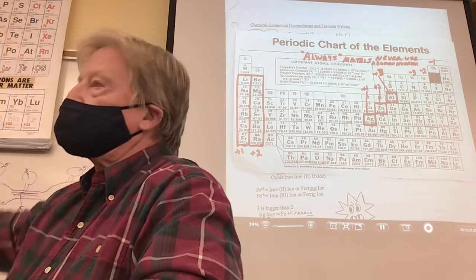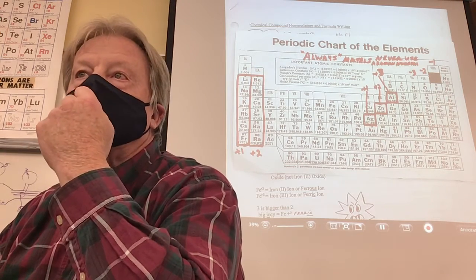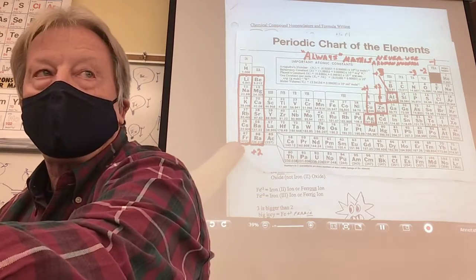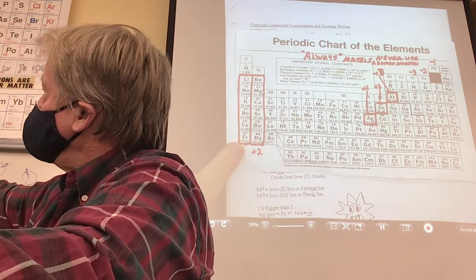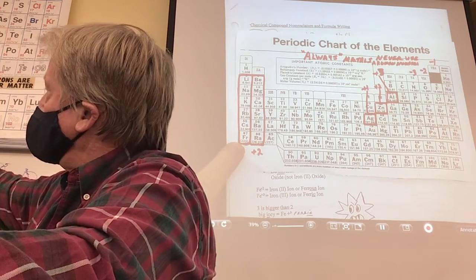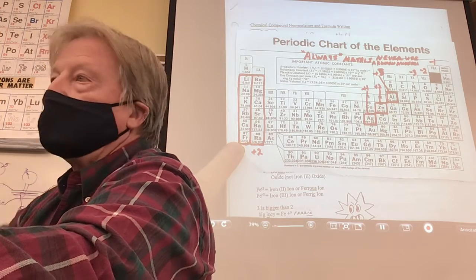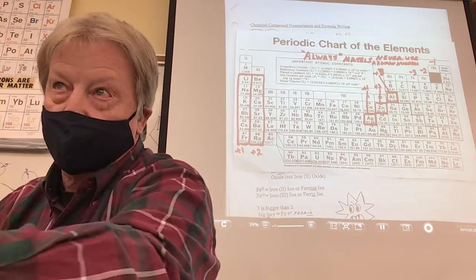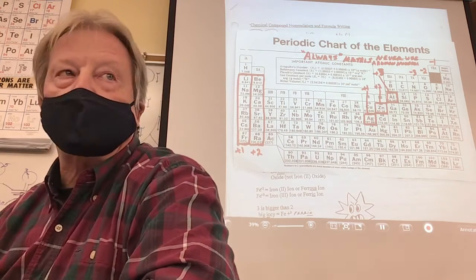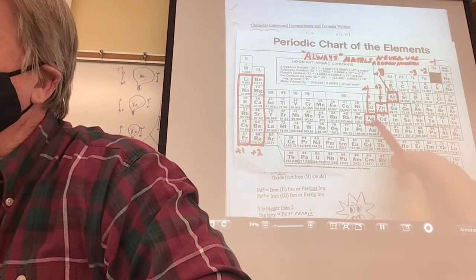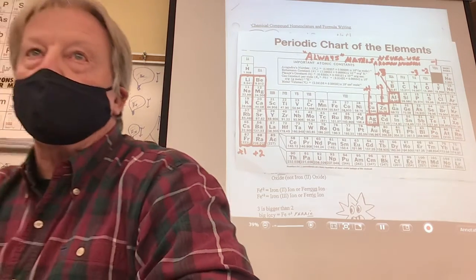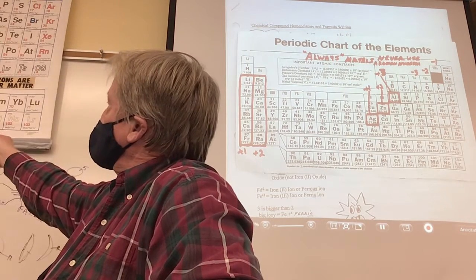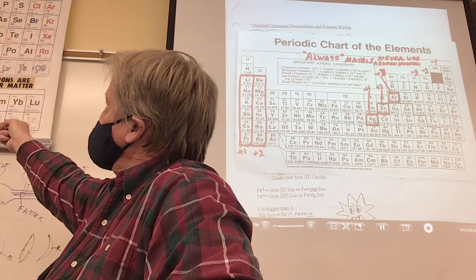These are always plus 1. Always. You get it? Group 2A are always going to be what? Yes. Plus 2. And you're 2 for 2. And then there's 3 others. Here they are. Silver, zinc, aluminum. What's silver, zinc, aluminum? Plus 1, plus 2, plus 3.